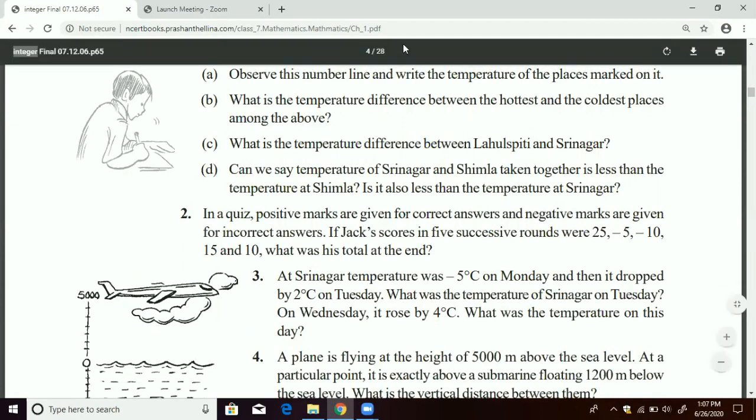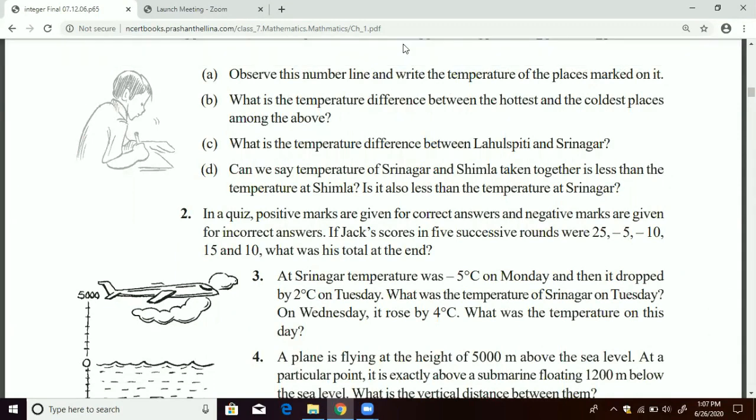In the second question, we can read the question. In a quiz, positive marks are given for correct answers and negative marks are given for incorrect answers. If Jack's scores in 5 successive rounds were 25, -5, -10, 15, and 10, what was his total at the end?